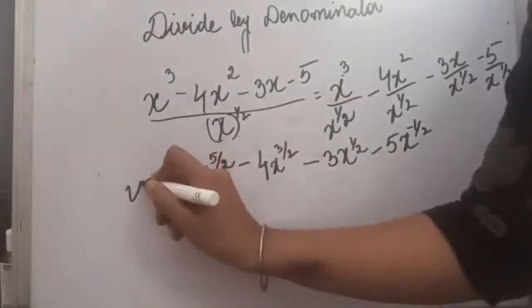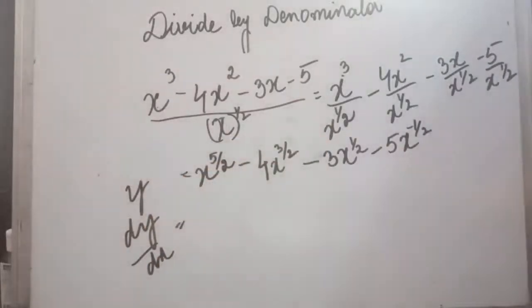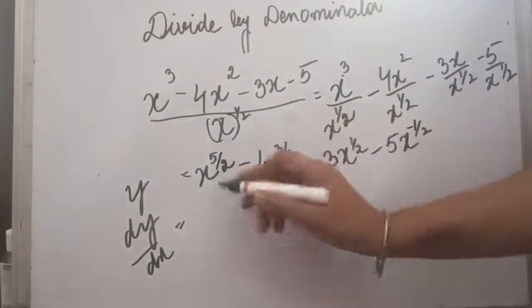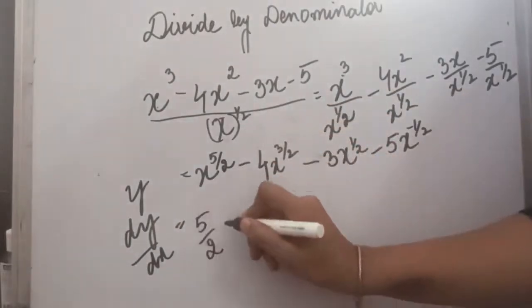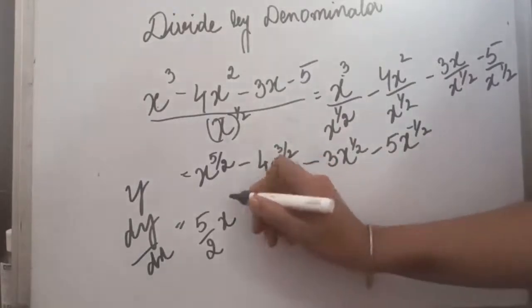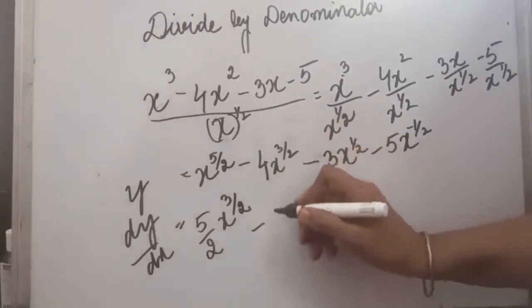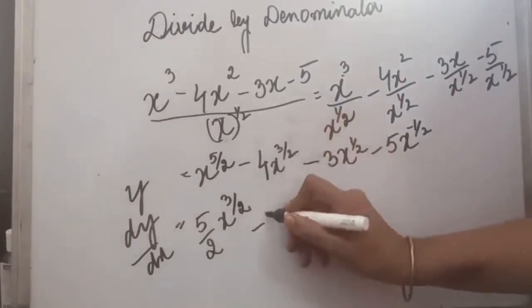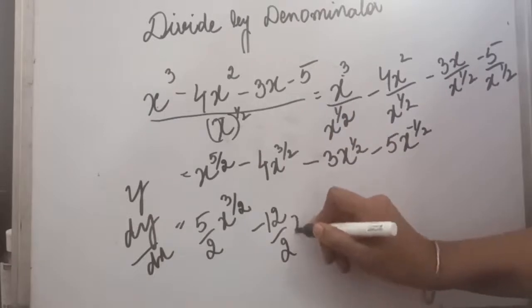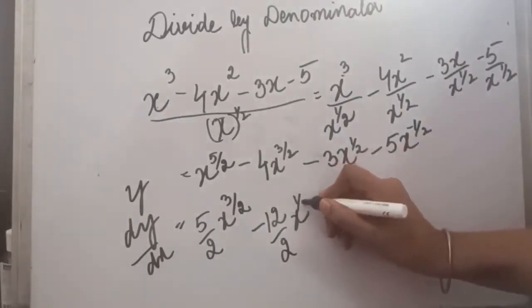So now we can take the derivative. The derivative is denoted with dy upon dx. So taking the derivative of this, 5 by 2 will come further, x power 5 by 2 minus 1. So 5 by 2 minus 1 is 3 by 2. Minus, again this 3 by 2 will come forward, so it will be 4 times 3 is 12 by 2. X power 3 by 2 minus 1. 3 by 2 minus 1 is half.